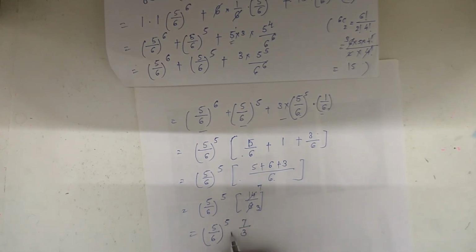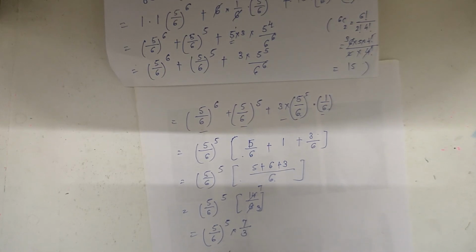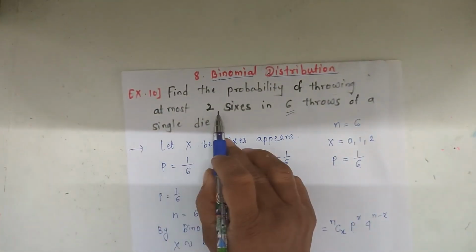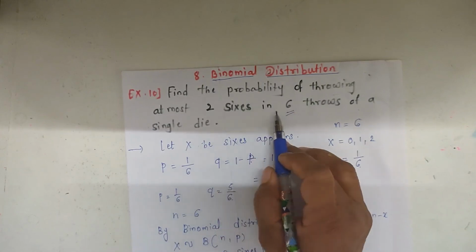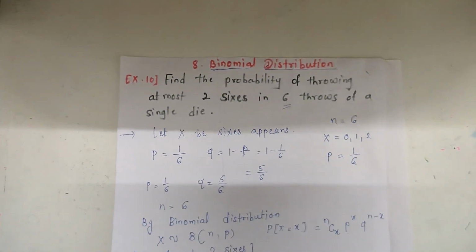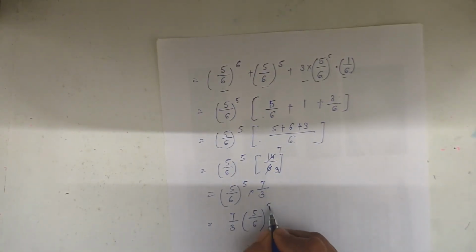So this is the required answer for the probability of throwing at most 2 sixes in 6 throws of a single die. So the probability for at most 2 sixes is 7 by 3 into 5 by 6 raised to 5.